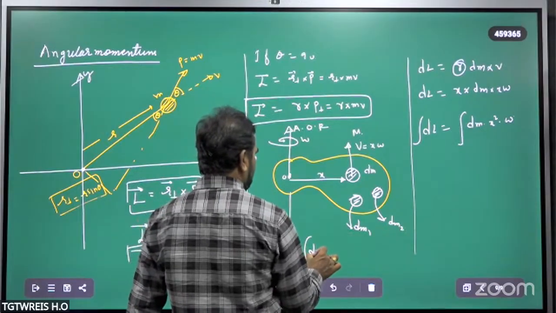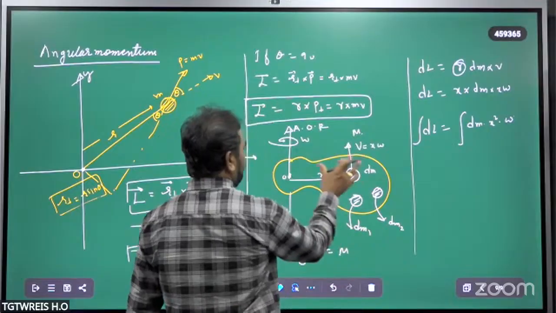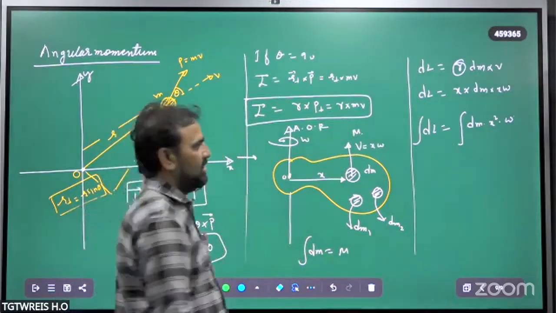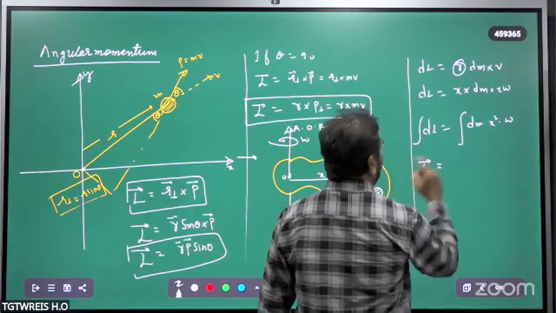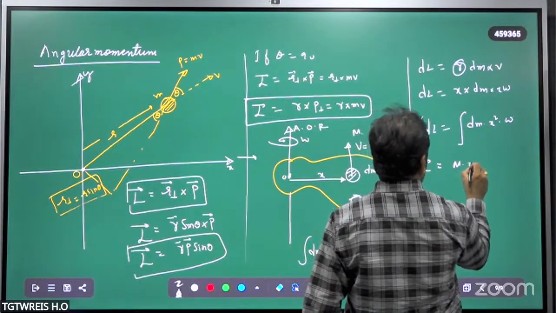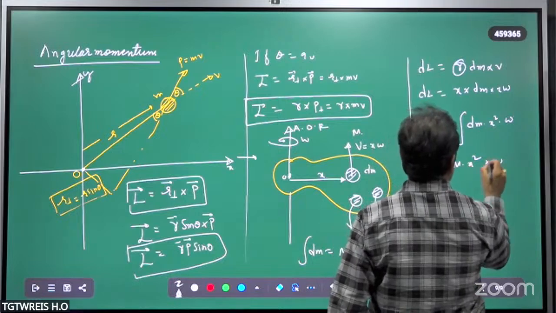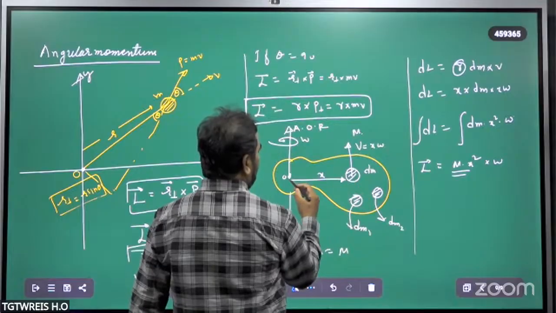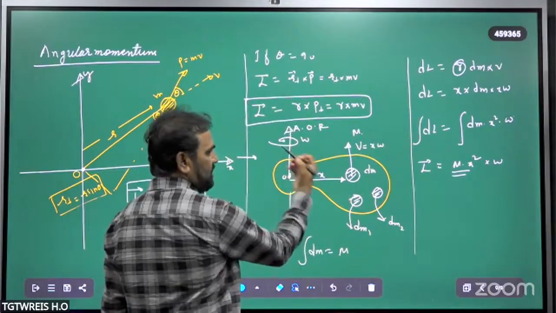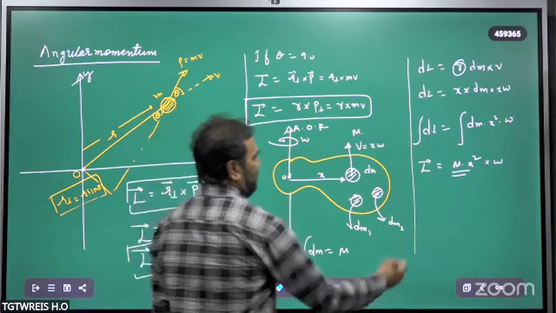Integration of dm is equal to the total mass of this object. Is it clear? Therefore, integration of dL means L is equal to what I am writing here. dm means m into x square into omega. M into x square, the product of its mass and perpendicular distance from the axis of rotation, is given by moment of inertia.